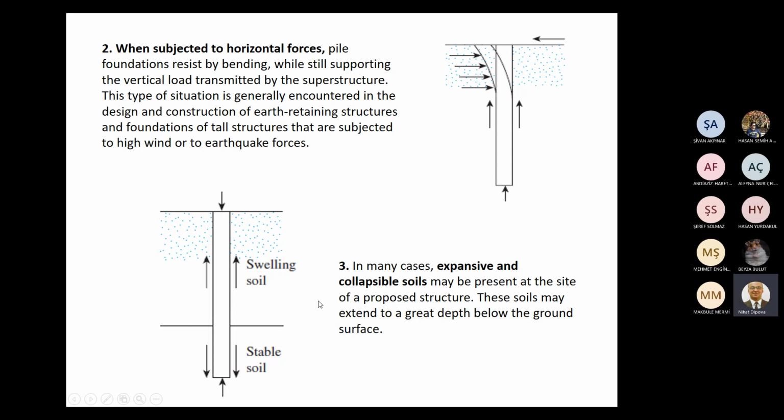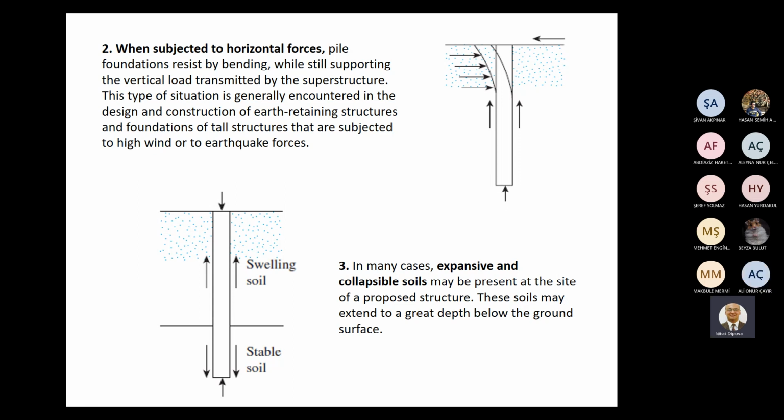Third case may be in swelling soils or collapsible soils. When expansive and or collapsible soils are present at the site of the proposed structure, these soils may extend to great depth below the ground surface.